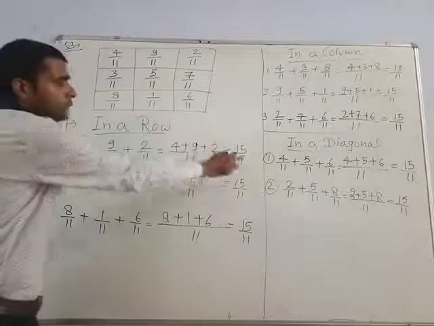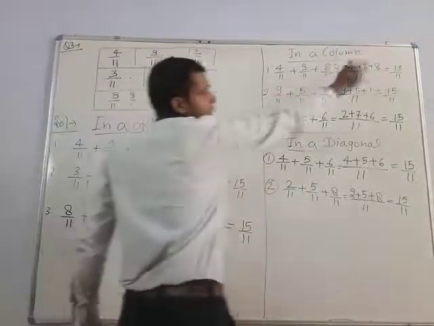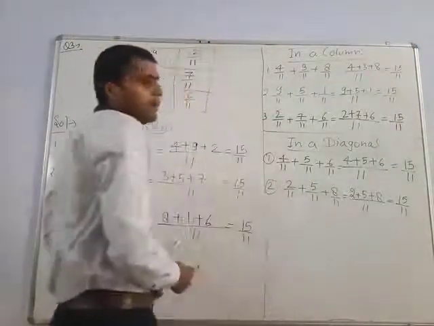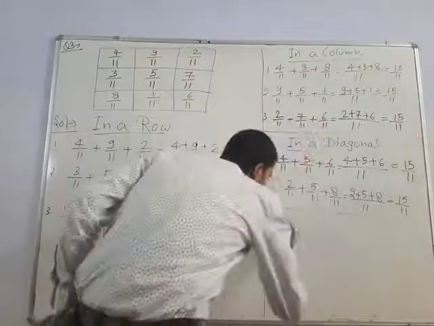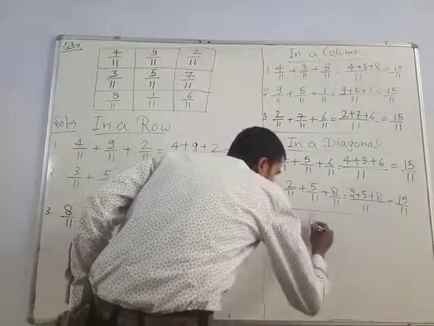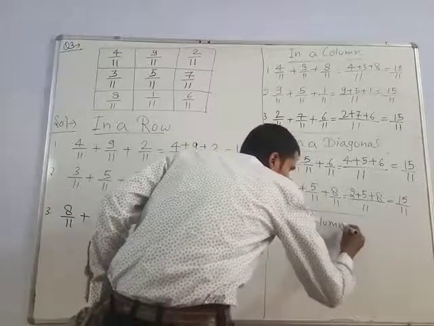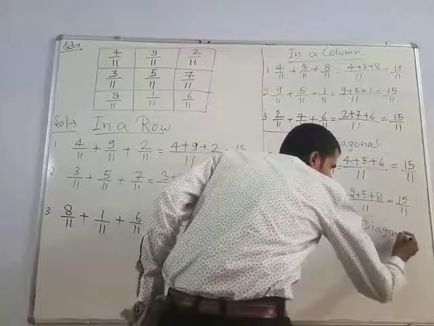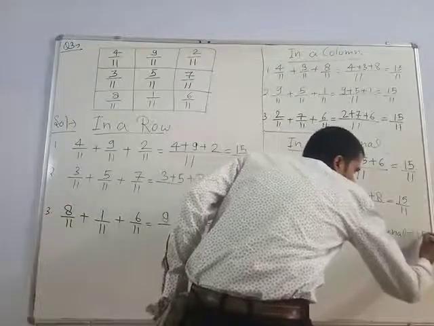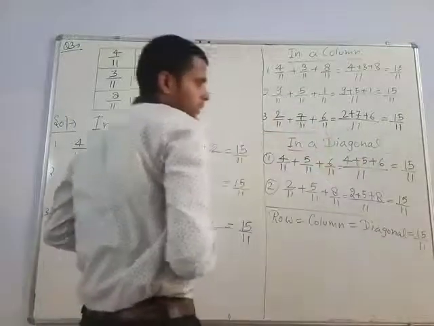So in a row 15 upon 11 comes, in a column 15 upon 11 comes, in a diagonal 15 upon 11 comes. So row equals column equals diagonal equals 15 upon 11.